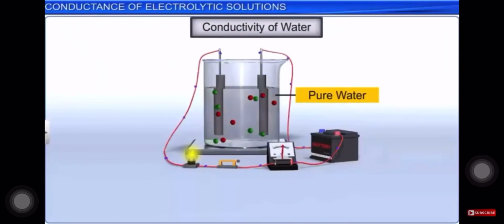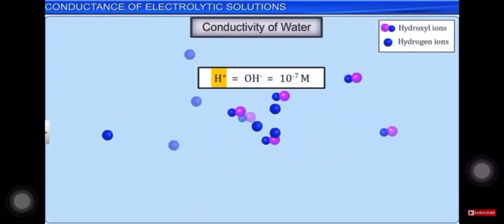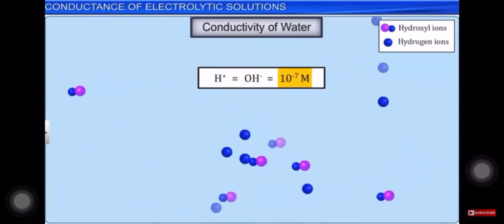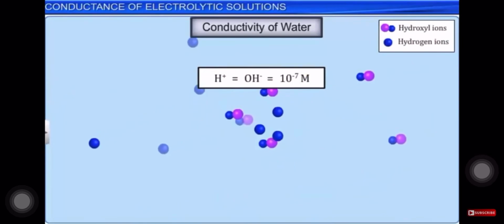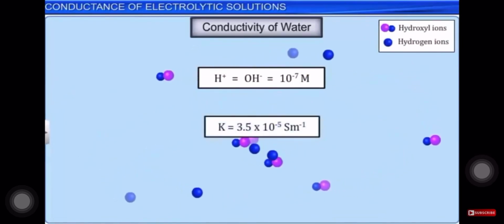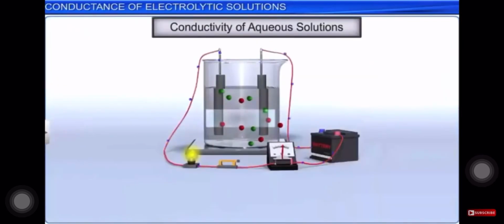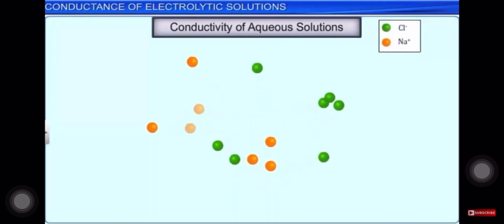Now let us see the conductivity in water. Yes, water is a conductor, but definitely we can say that it does not conduct a large amount of current. Why is it so? Because the positive and negative ions, that is H plus and OH minus, are very low in concentration, that is 10 raised to minus 7 M only. Because of this, the value of K is 3.5 into 10 raised to minus 5 Siemen per meter. Now what happens when an aqueous solution is made, like dropping in NaCl?